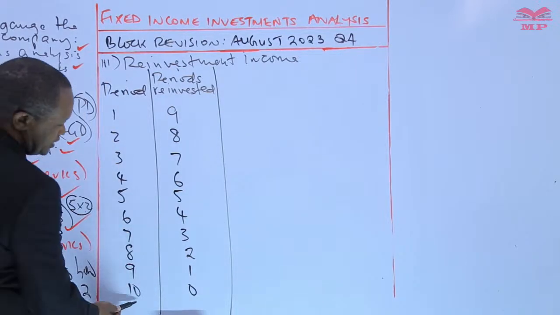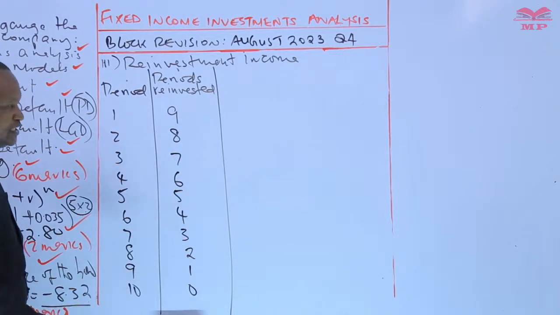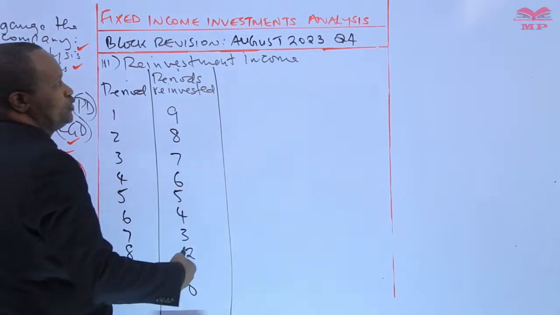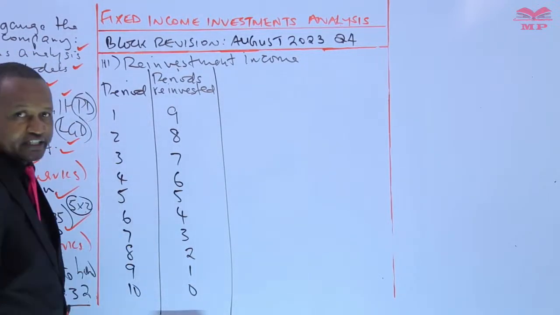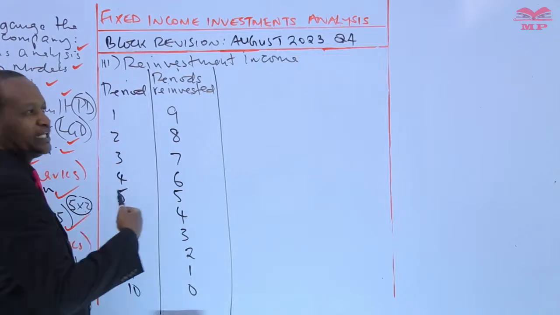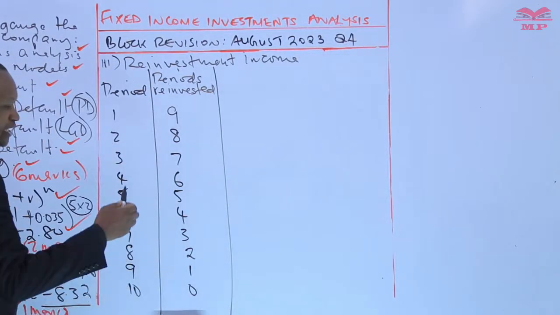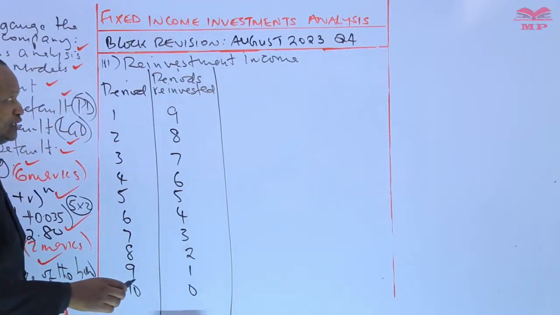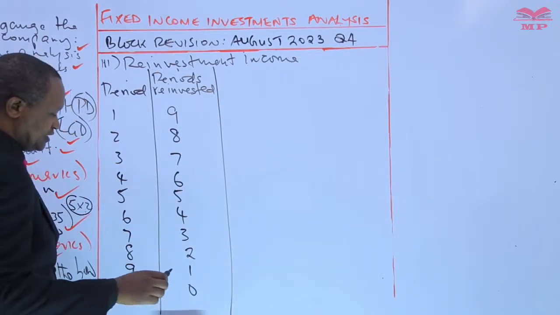Now the interest that will be received at maturity, at the end of the 5th year, which is the end of the 10th period, will not be reinvested because the bond will be retired after 5 years.